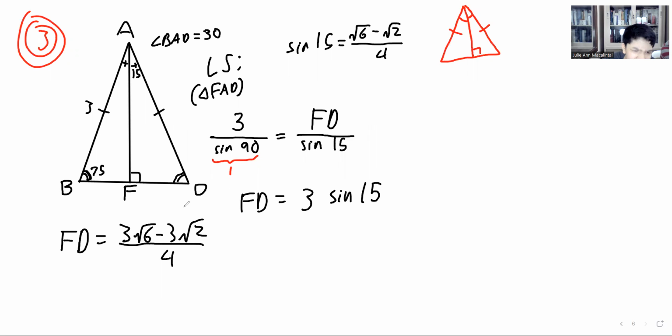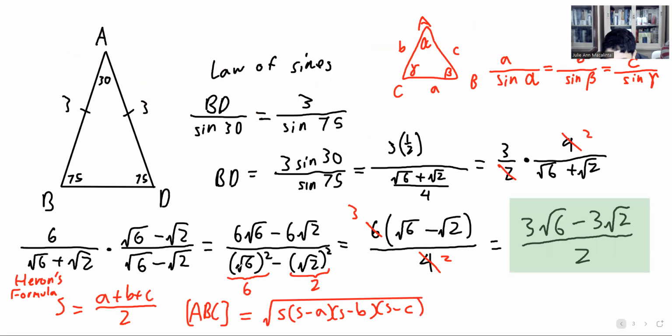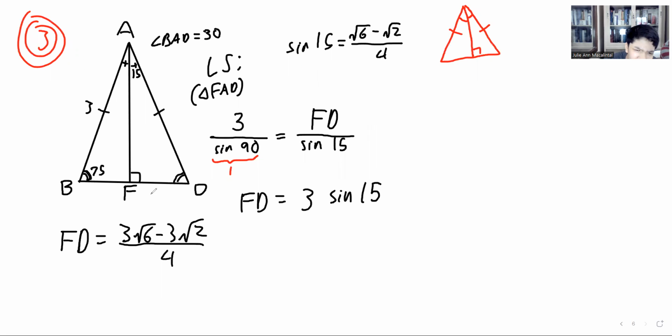Oh, it's over 2. So again, from back to this red figure, because of the SAS, we can prove FAD is congruent to BAF, so we can just say BF is congruent to FD.